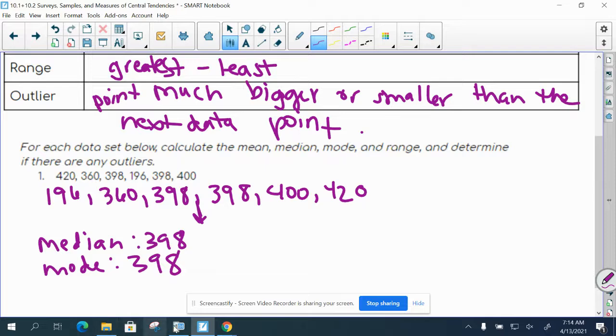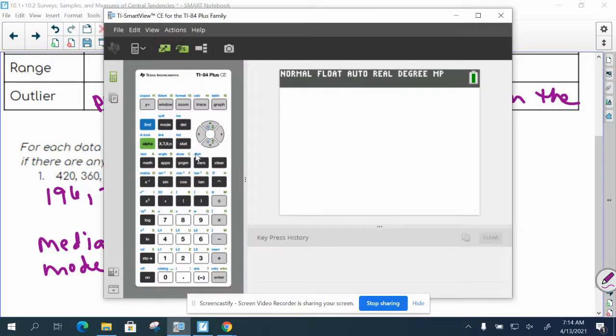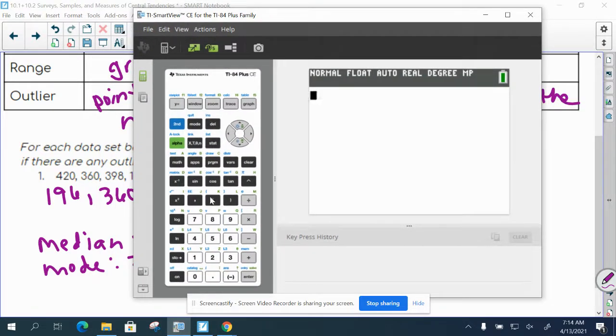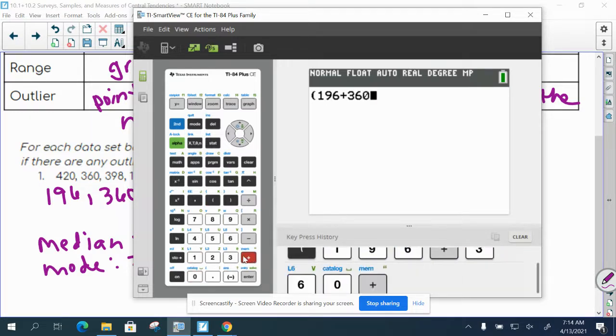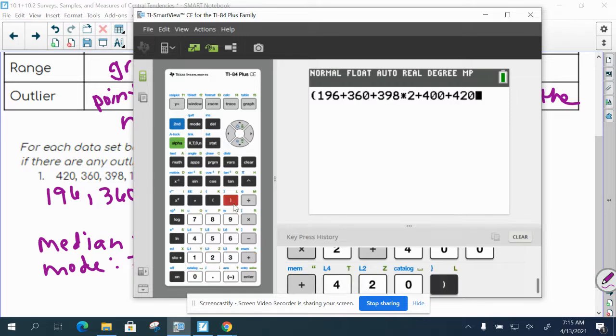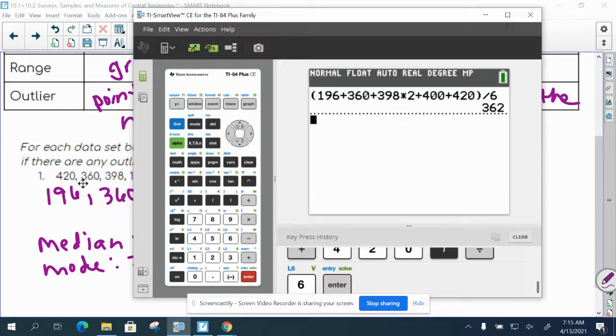For the mean, we have to add them all up and divide by 6. So I'm going to do parentheses 196 plus 360 plus 398 times 2 plus 400 plus 420, close parentheses, divide by 6, and I get 362.